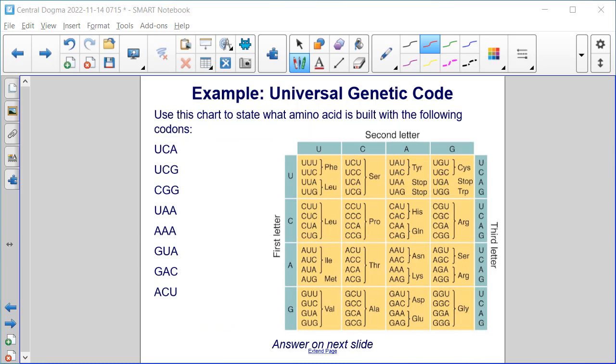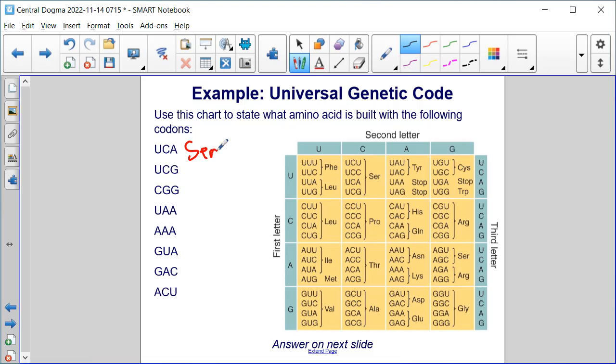Here's an example for how to use the universal genetic code. Use the chart to state what amino acid is built with the following codons. So the first letter is U, the second letter is C, and the third letter is A. That codes for SER or serine.